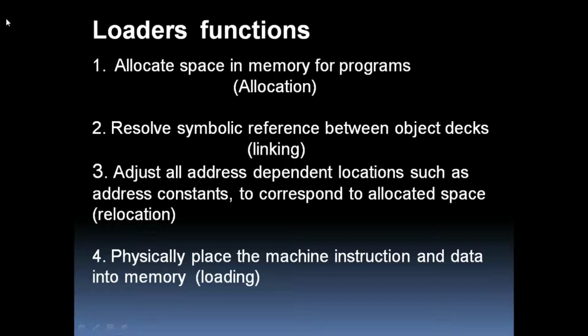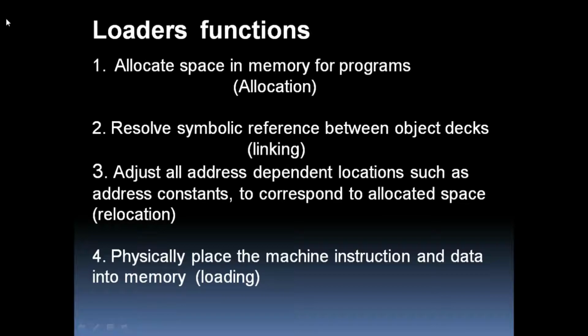The third function is reallocation. Adjust all the address dependent locations, such as address constants, to the corresponding allocated space. It means that once it is allocated, due to some reason we now need to increase the memory allocation. It's called reallocation. The fourth part is loading.